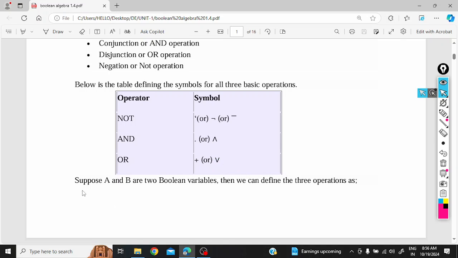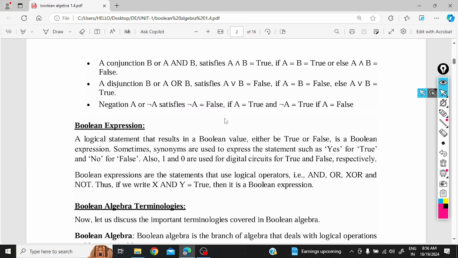For example, if I have two variables A and B, we'll see how to represent the NOT, AND and OR operations. The AND operation gives a true value only when both A is true and B is true. Then only my output is going to be true, or else in all remaining cases my output is going to be false.